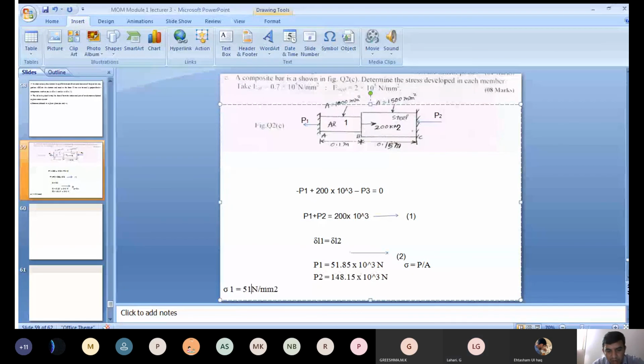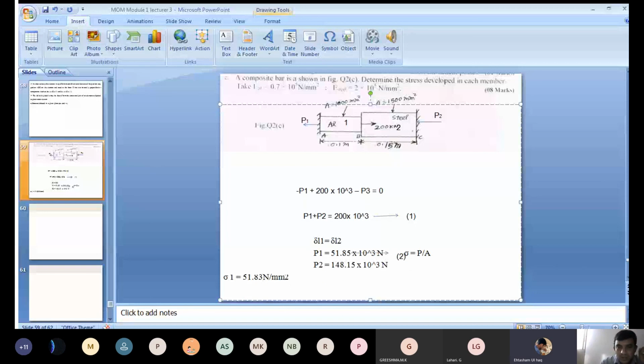Sorry, 51.83. Is it visible? It's visible, sir, that is 51.85. Okay, no problem. Depending upon how many digits you consider after the decimal, minimum 3 digits after the decimal should be considered. I got 51.94, sir. Okay, no problem.